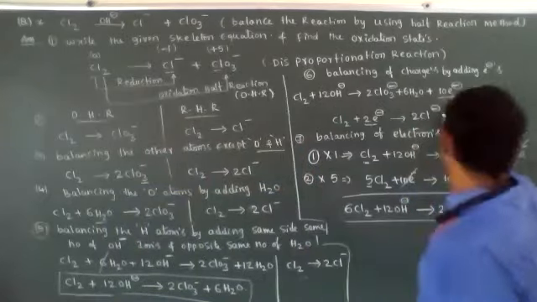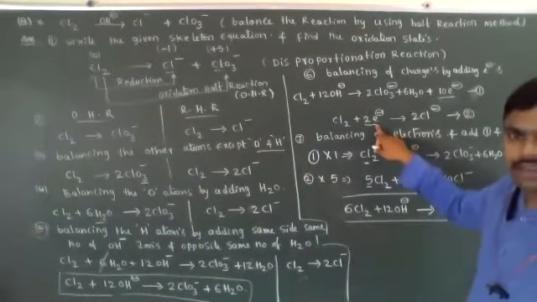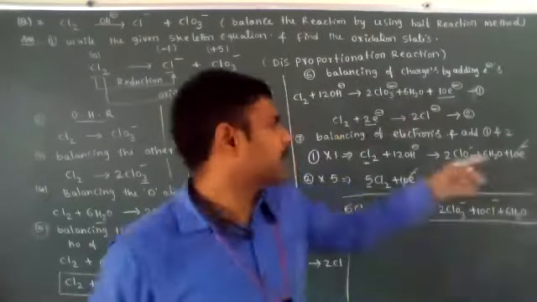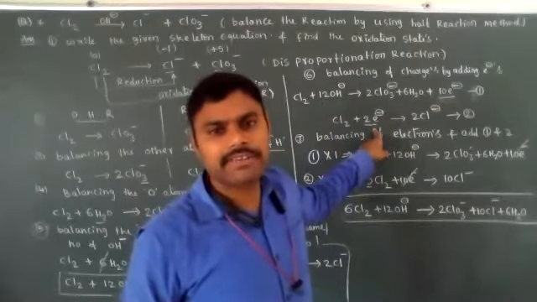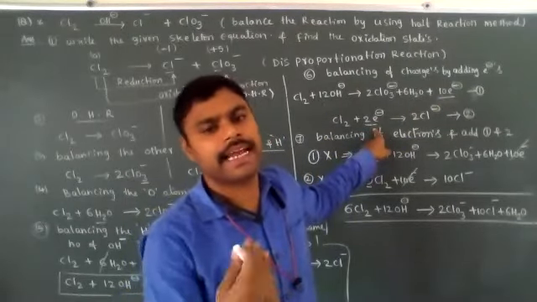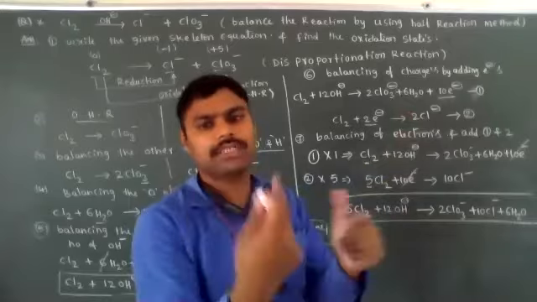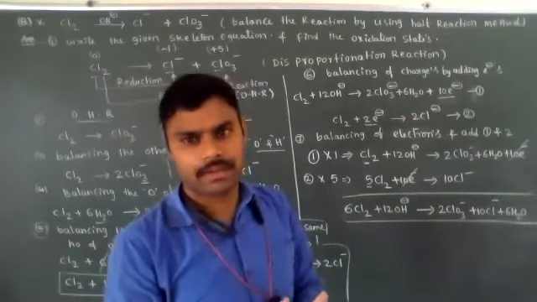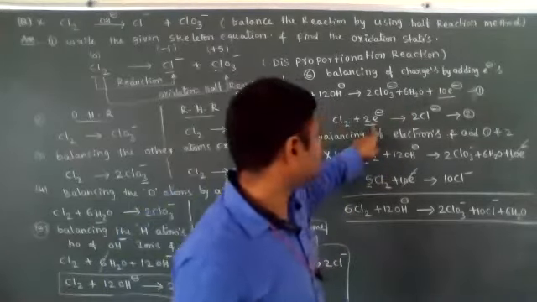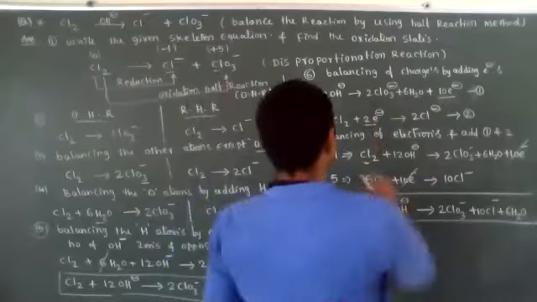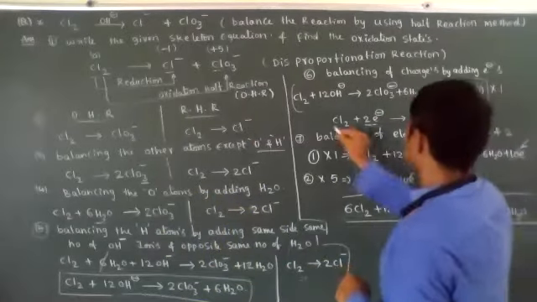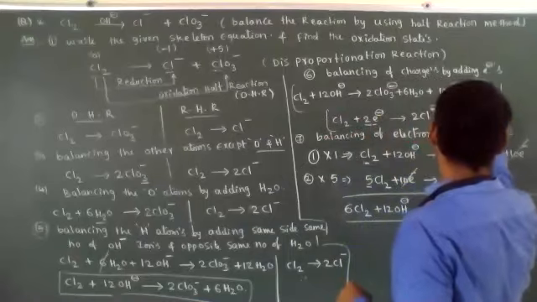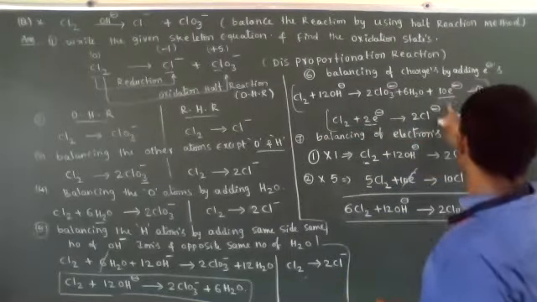See 10 electrons and 2 electrons. How 10 electrons? Because both are even numbers only. If one is even, another one is odd number, means opposite multiplication we need to do. But it is 10, it is 2. Then this equation I multiplied with 1, and this equation I multiplied with 5.